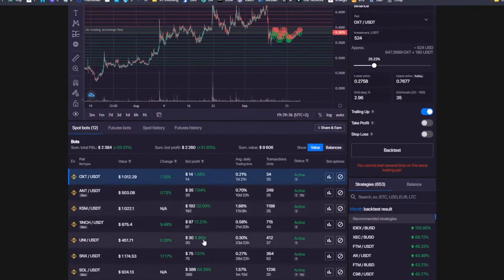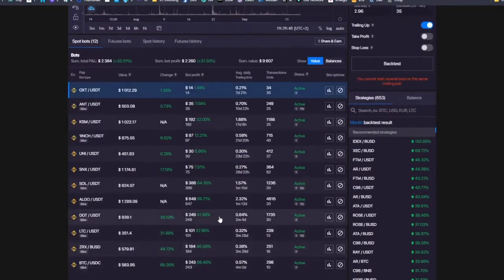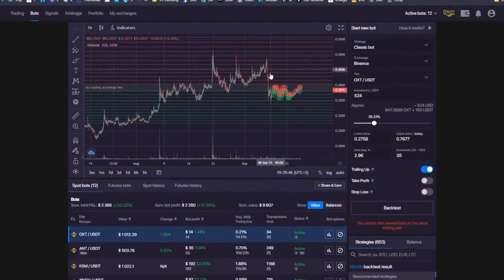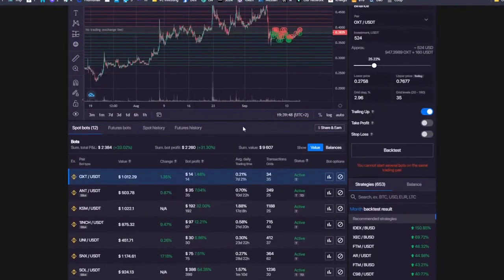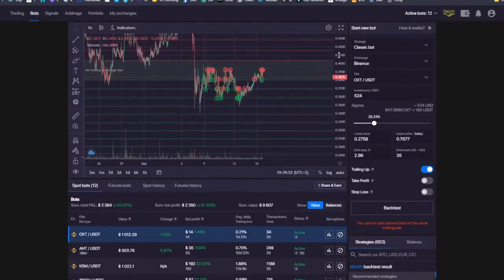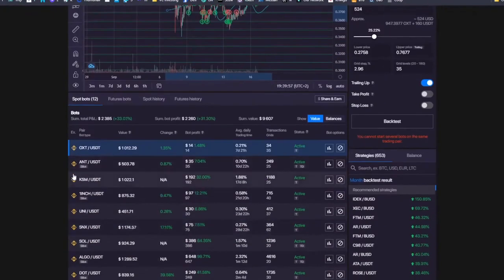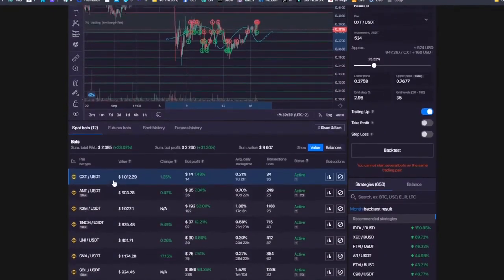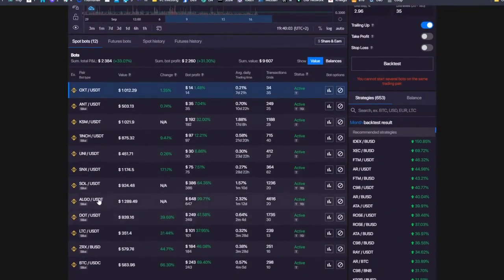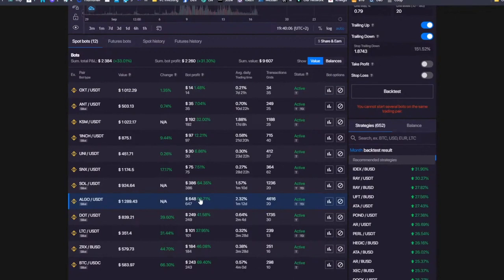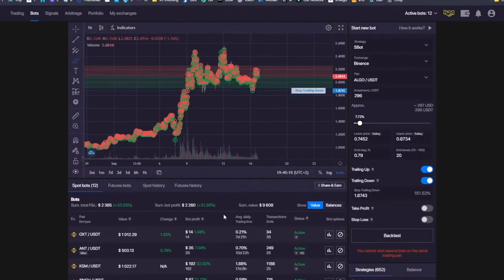But thanks to automated bots, they kind of offset this negative impact we had in the next 5 days, because you see the market has been trading sideways, and that way it gave our bots opportunity to make money. So for example, my algo trade is doing just great. See, 99% in 1.5 months. That's an insane result.